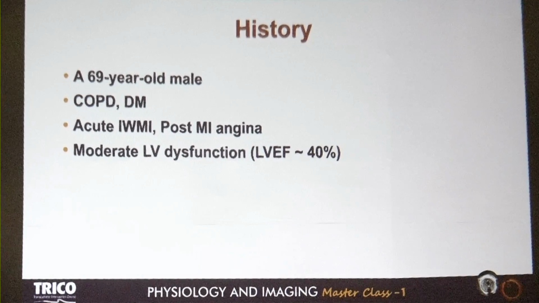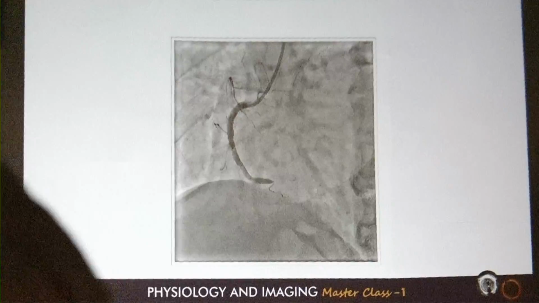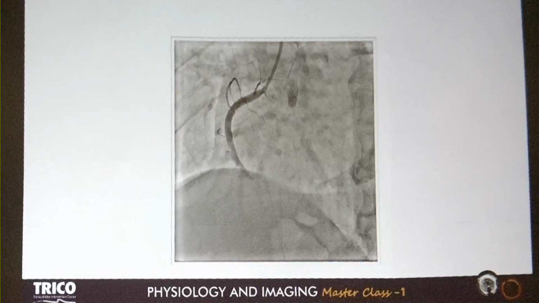This is the history. Acute inferior wall MI, diabetes, COPD, 69-year-old man, post-MI angina, presented with moderate LV dysfunction. Many of these data are on the basis of an investigator-initiated protocol which we are doing, IOPUS, where we simultaneously assess IVUS and OCT for a particular segment or lesion. This is the picture: the right coronary is totally occluded, acute MI.